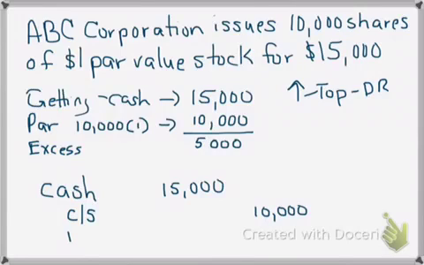And then we're going to have our paid in capital in excess of par for common stock, which we are going to abbreviate as PIC, par, and that will be for $5,000. As you can tell, our debit accounts equal our credit amounts. So we have $15,000 as debits, $15,000 as our credits. And that is how we would work the journal entry for a stock that has a par value.